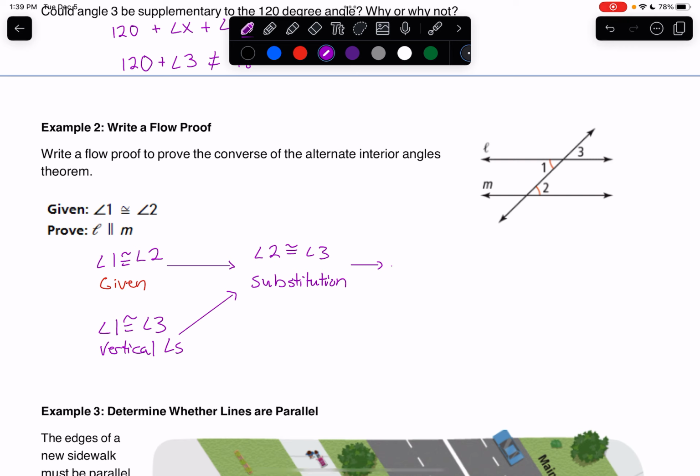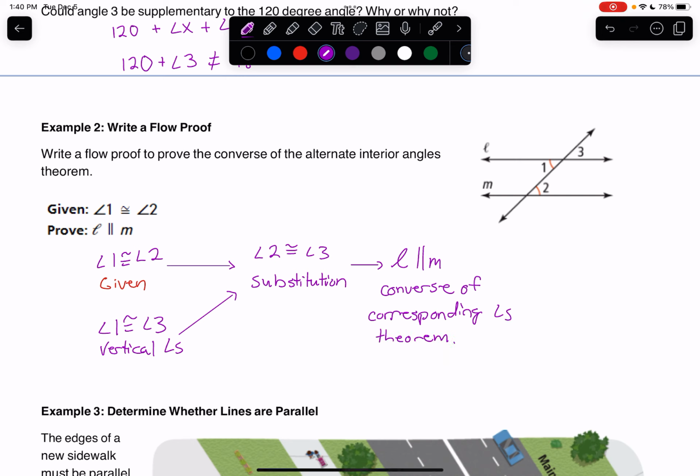That means L is parallel to M because I know that they're corresponding angles and they're congruent, which means the lines are parallel. That is the converse of the corresponding angles theorem.